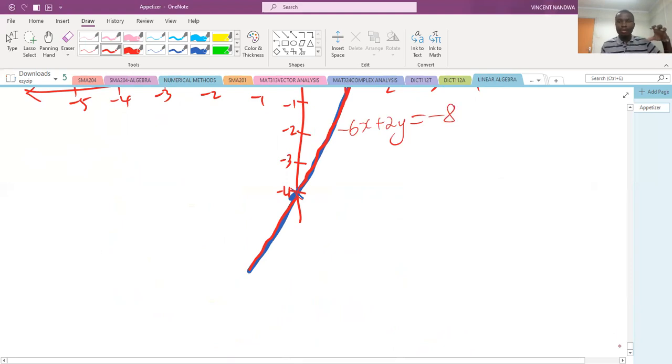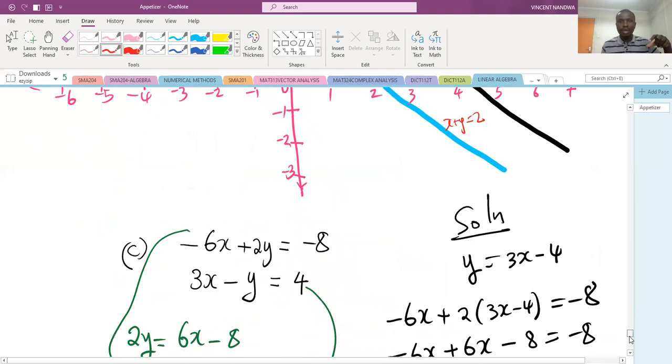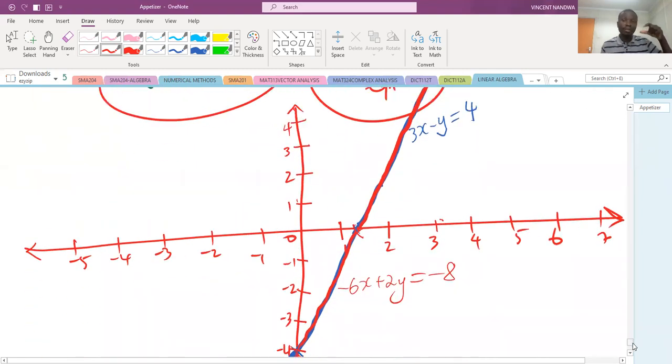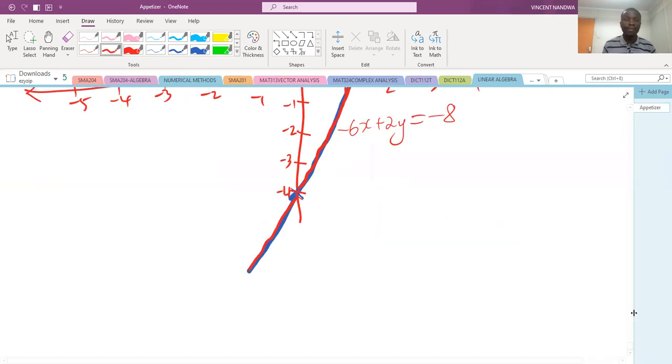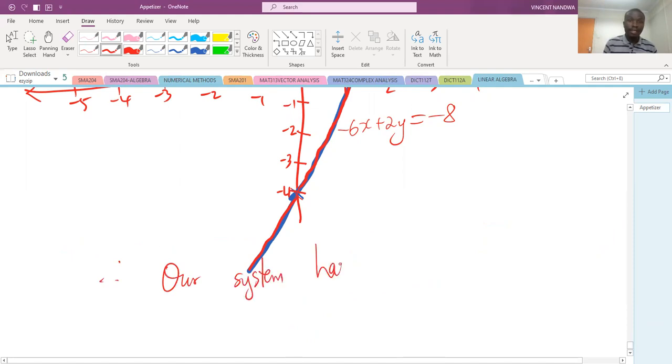Now when you're solving by the graphical method, you look for the point of intersection. And we see that these two lines are actually intersecting at every point in the whole grid of the XY axis, which means they can take on any real values. So therefore, our system has infinitely many solutions, because at every point those lines are intersecting.